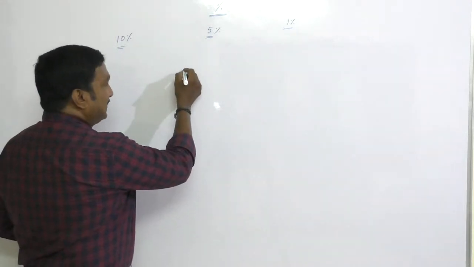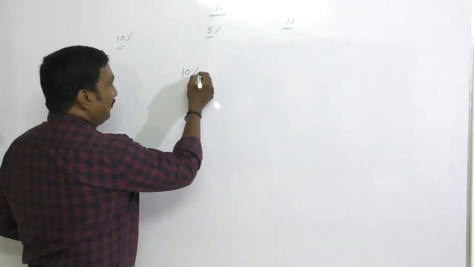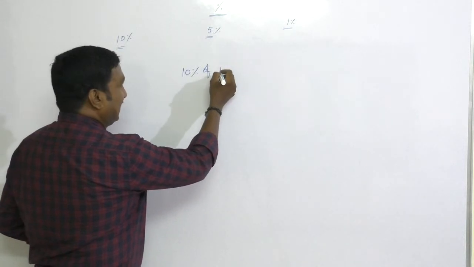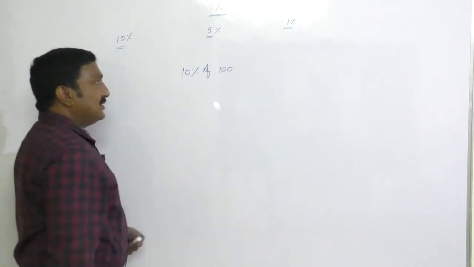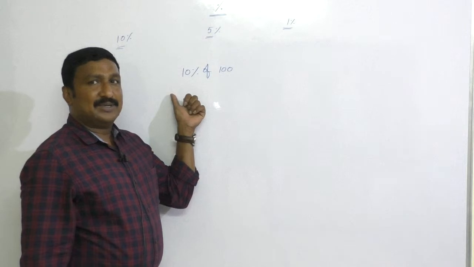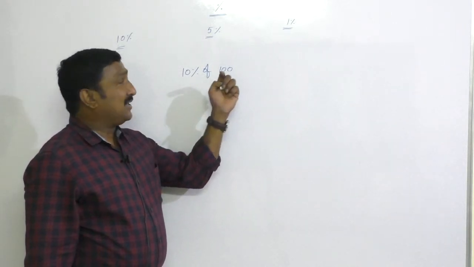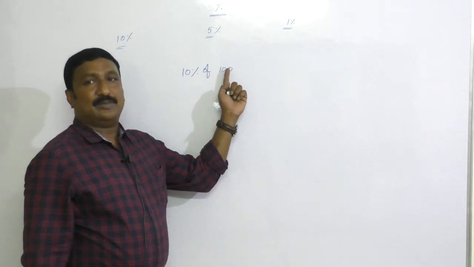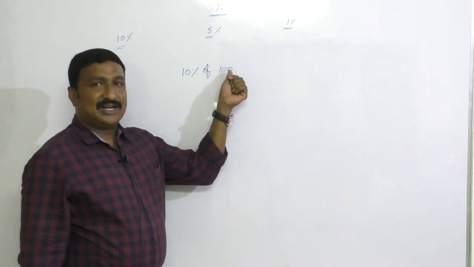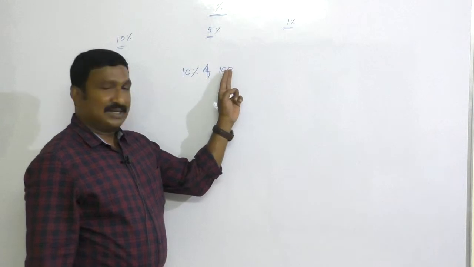Always remember 10% of a certain number. Suppose you want to calculate 10% of 100. Always remember that 10% means you eliminate the last digit. If the last digit is 0, we can eliminate the 0.